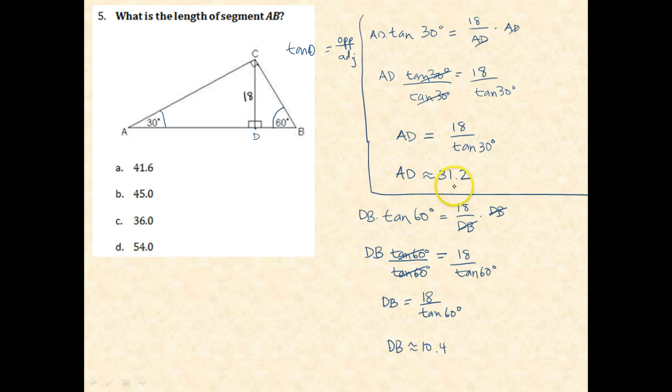And now I just need to add these together. So this is 31.2, and this is 10.4. So all the way from A to B is going to be 31.2 plus 10.4, 41.6.